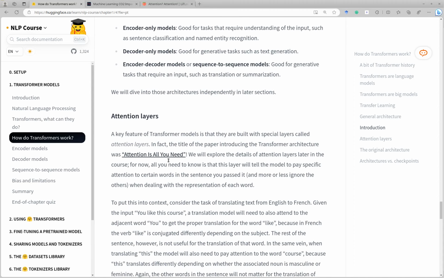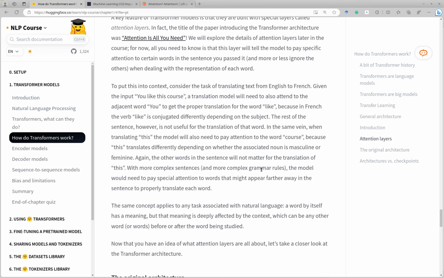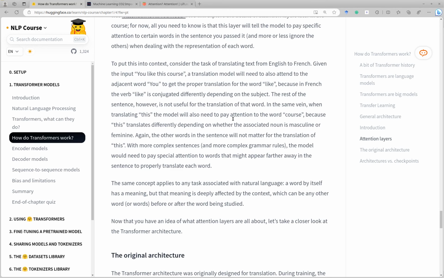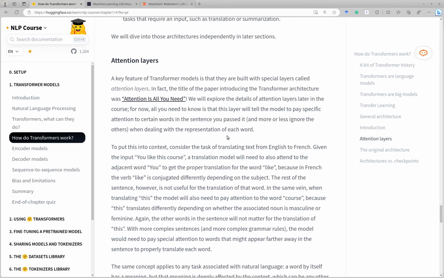This whole idea was first introduced in this paper. If you want to dig deeper into the topic of attention, you can go through this research paper as well. This is the first time this attention mechanism is mentioned, and they named their architecture the transformer architecture.